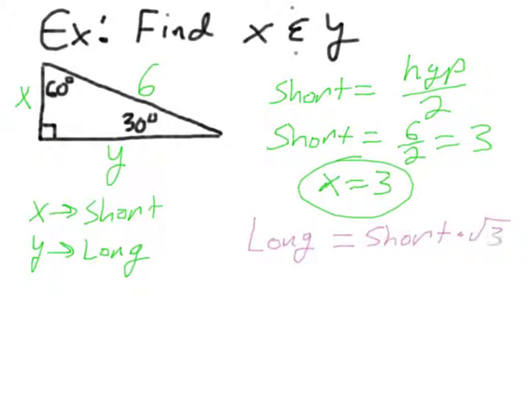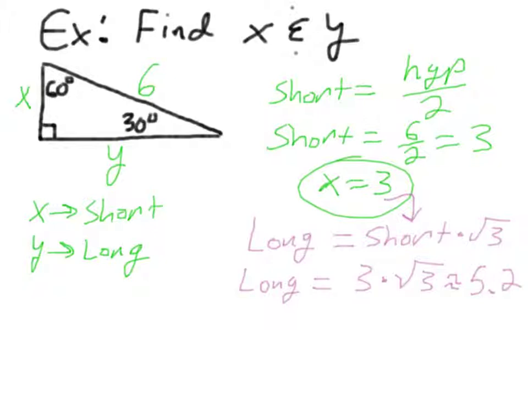Now I know my short leg, so I can put 3 in for the short leg, and I get that the long leg equals 3 times the square root of 3. We can just leave it like that, or we can estimate, and we get about 5.2.